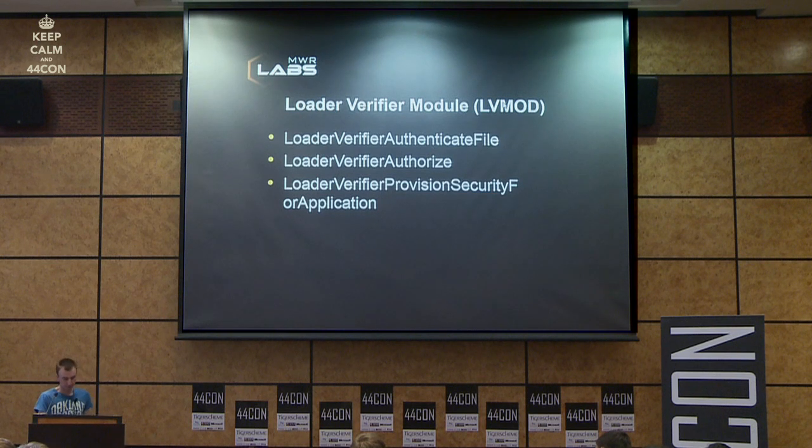And then this returns authentication information for that file, which you can use with the load verifier authorize to determine whether the code has permission, is authorized to perform an action such as loading from one chamber, the currently executing chamber, into another chamber.